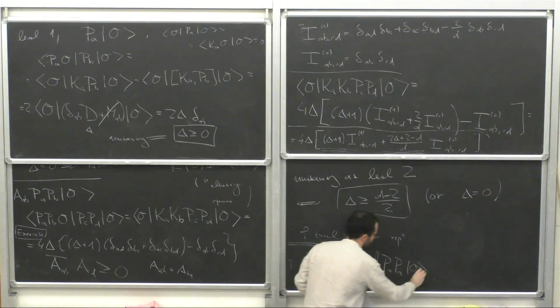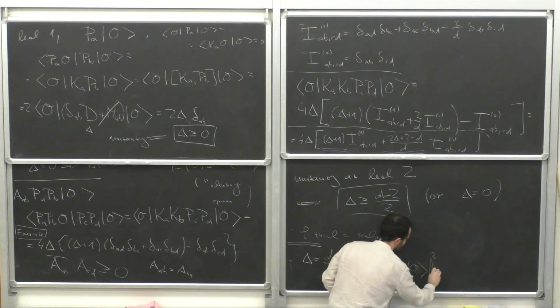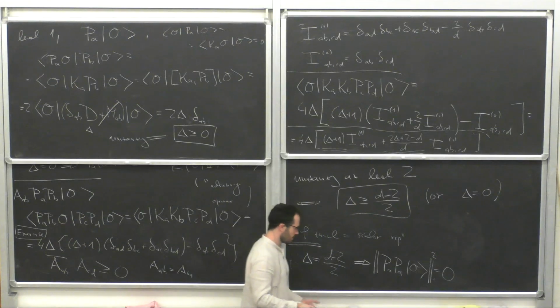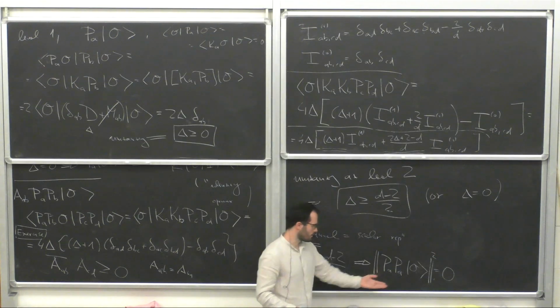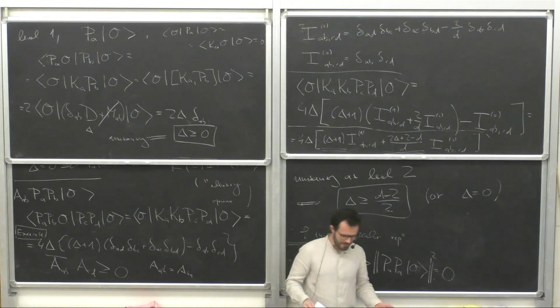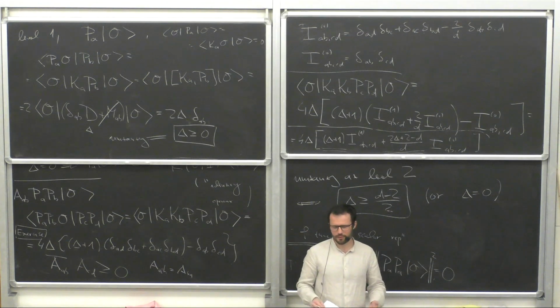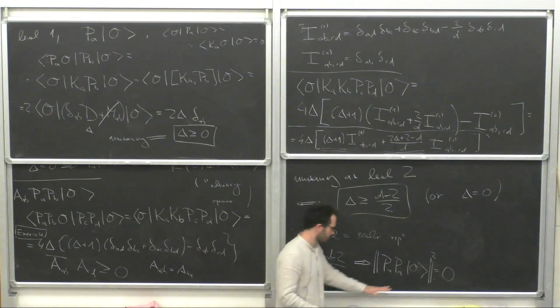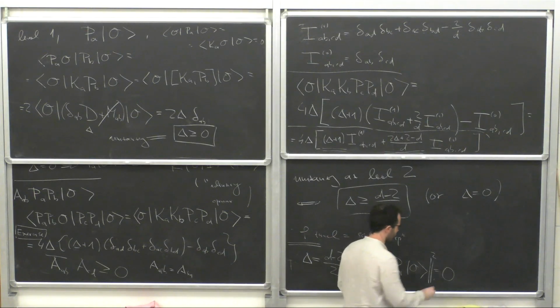So the norm of this state is 0, which in a unitary theory means that the state itself has to be 0. Right? The only way, basically the inner product needs to be not just non-negative but actually positive. If it's 0, then the state is just not there. So this state has to be 0.